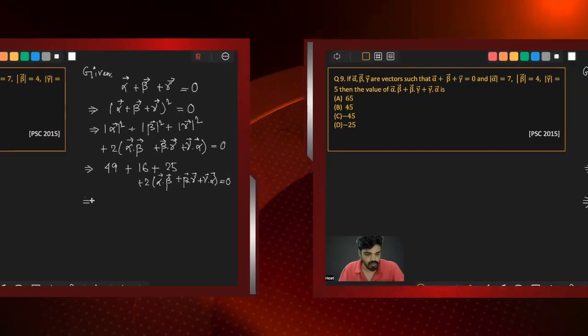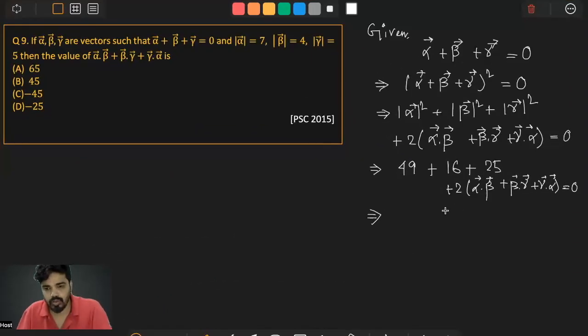So 2 into (alpha dot beta plus beta dot gamma plus gamma dot alpha) is equal to minus 90. 49 plus 16 plus 25 is 90, so that is minus 90.